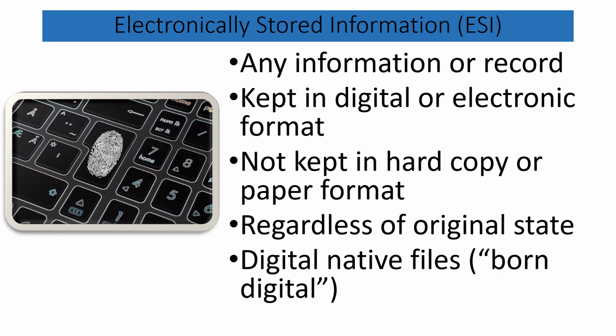So ESI is any information or record kept in a digital or electronic format, not kept in hard copy or paper format, and regardless of the original state, is electronic. These are also sometimes referred to as digital native files or born digital, because that's the only place they exist, in electronic form.